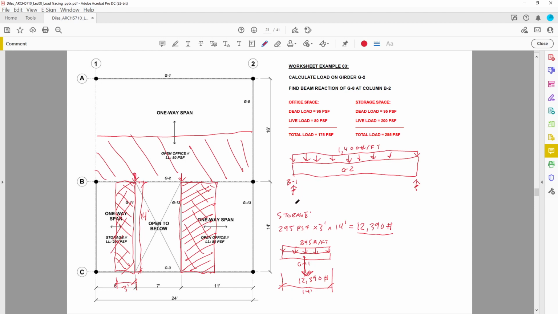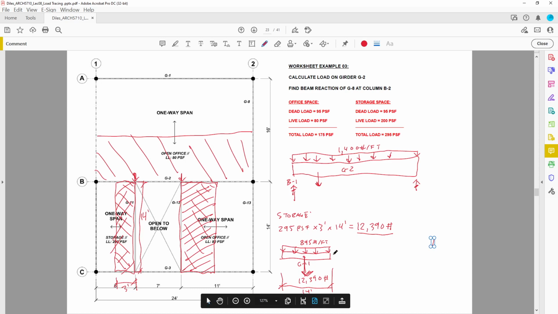So if we look at the dimensions of everything on the system, if we're coming from left to right here, we now have a point load from G11, which is 12,300, and oops, that is wrong. Hold on real quick. Let's go back and erase that. Because in fact, this is the total load, right? Which means that half of the load, oh boy, let's see if I can, there we go.